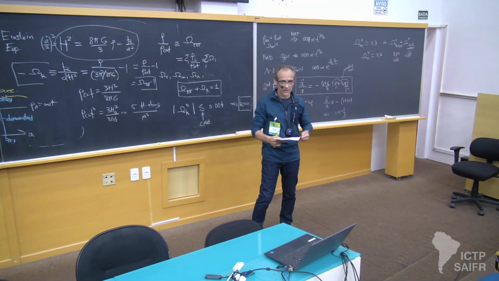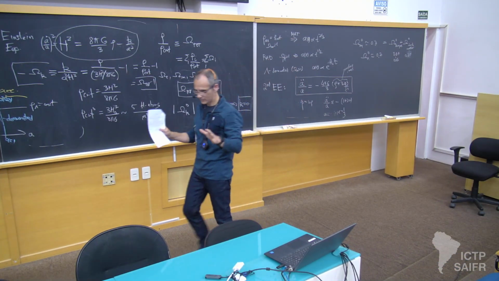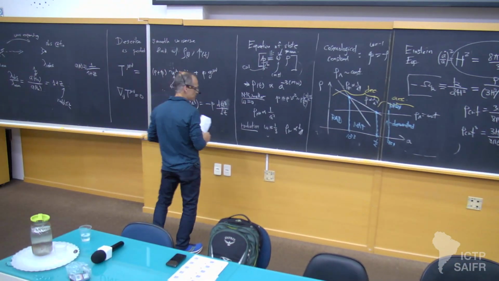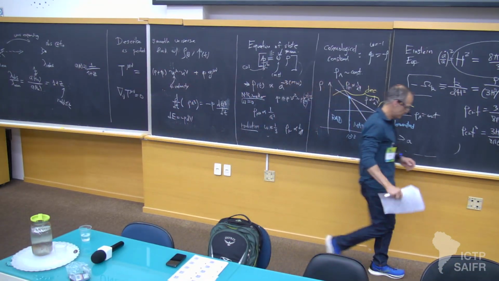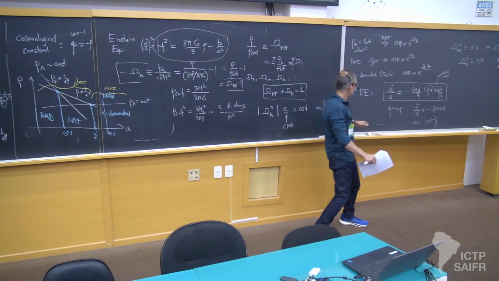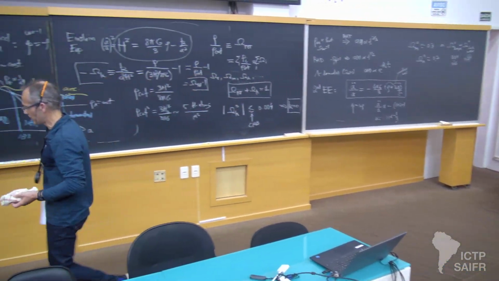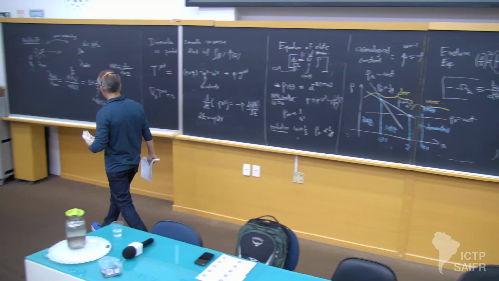Okay, so now we are going to transition to the real subject of my lectures, which is, okay, we know the universe is not perfectly smooth, and now we want to describe fluctuations.